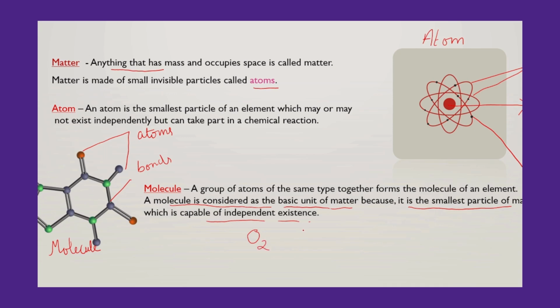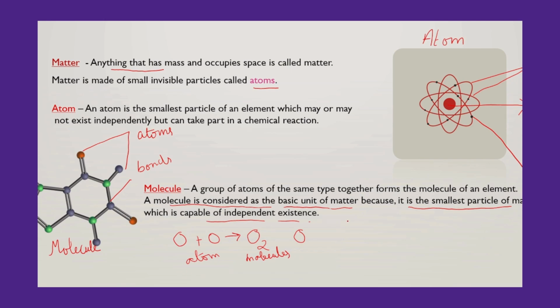You cannot find a single oxygen atom; this is an oxygen molecule. How is this formed? An atom of oxygen combines with another atom to form a molecule of oxygen. Atom of oxygen does not or cannot exist independently. Only oxygen molecule exists independently. That is why molecule is considered as the basic unit of matter.